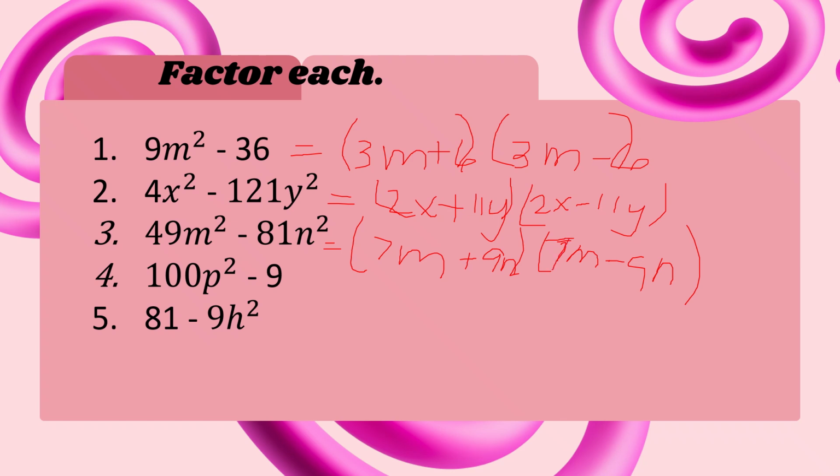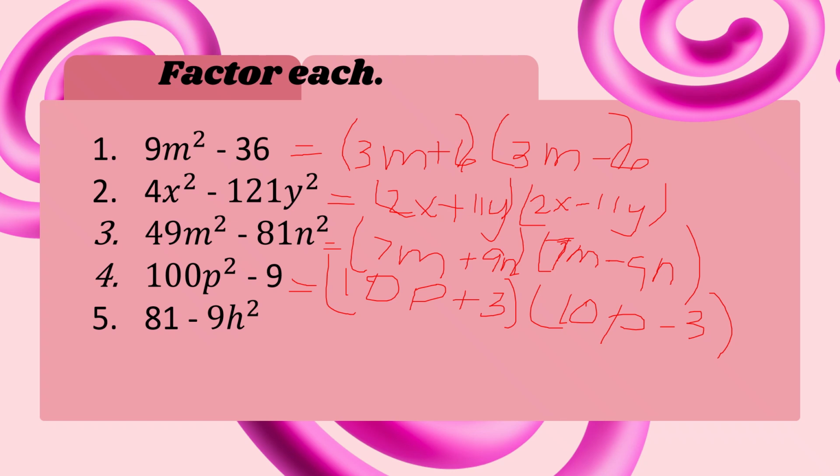Okay, for number 4, we got 10p plus 3, because 3 is the square root of 9 and the square root of 100p squared is 10p, and of course followed by 10p minus 3.